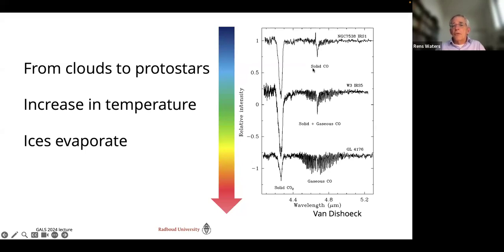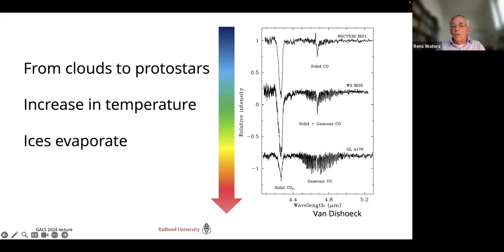For instance, you first have a very cold source up here with a lot of CO2 and CO ice, but then you see the CO ice evaporate first, and you see the ro-vibrational gas phase lines appear, but the CO2 ice still stays in the solid phase, because the sublimation temperature for CO is lower than for CO2 ice.